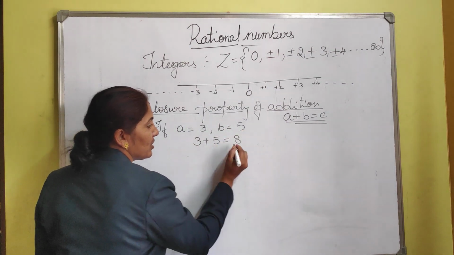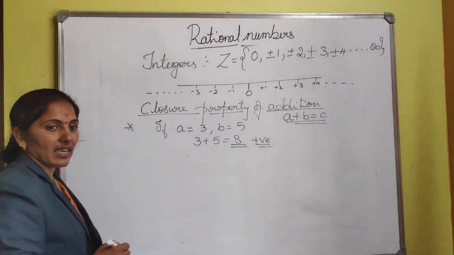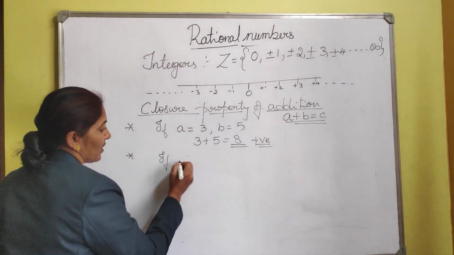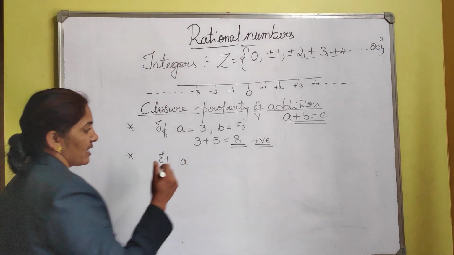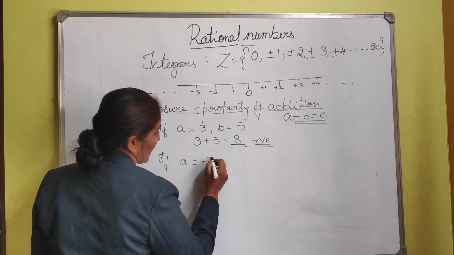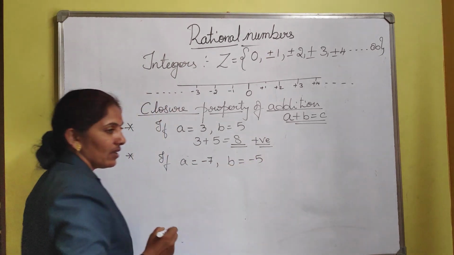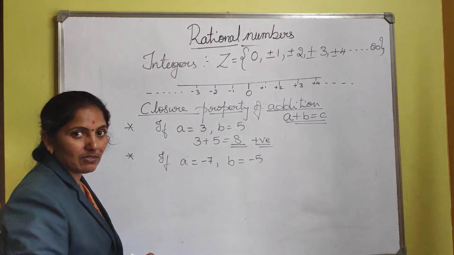The sum of any two positive integers is again positive. I'll consider one more example, now with two negative integers. Say A is equal to minus 7 and B is equal to minus 5. Here A is a negative integer and B also is a negative integer.